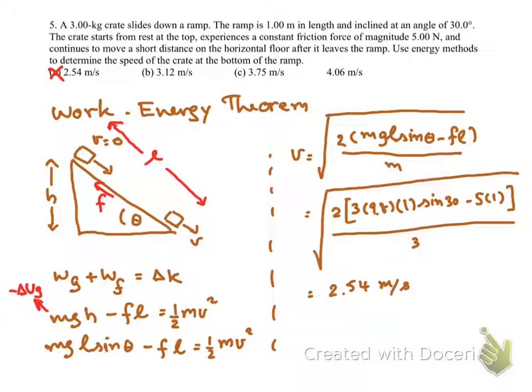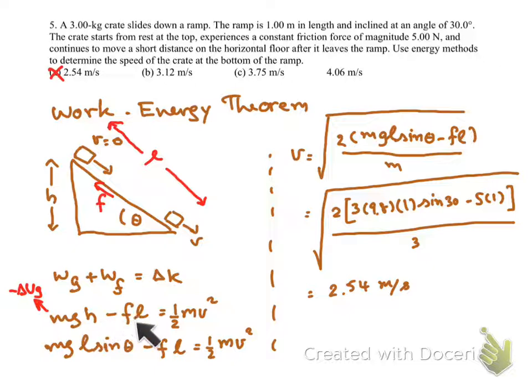So you can see that the gravitational energy is reduced by the amount of mgh, and this becomes the work done by the gravity. And the work done by the friction is minus FL. As always, the work done by the friction is negative.